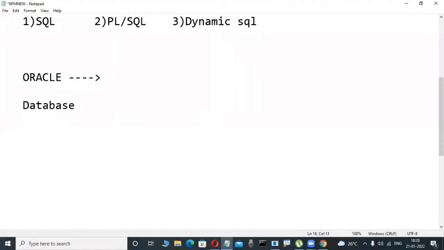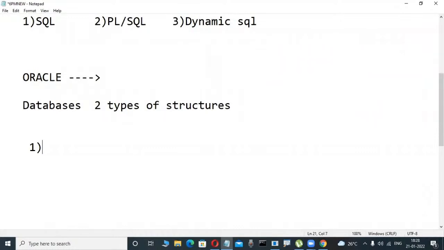Observe here, two types of structures are there. Don't write it, just observe. Suppose you are taking Oracle, SQL Server, MySQL, DB2, any relational database software you are installing in your system, two types of structures are there.